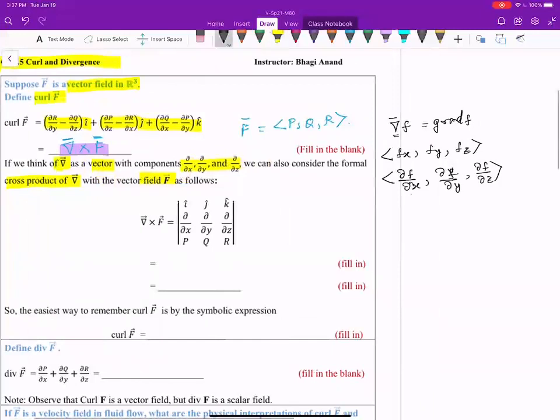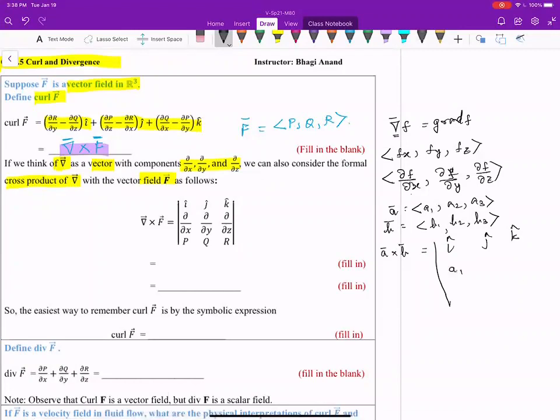If you have the vector A with components A1, A2, A3, and B is another vector with components B1, B2, B3, then the cross product of these two vectors is a determinant where the first row is i, j, k, the second row is the components of vector A, and the third row is the components of vector B. This is how we defined it earlier in chapter 12.